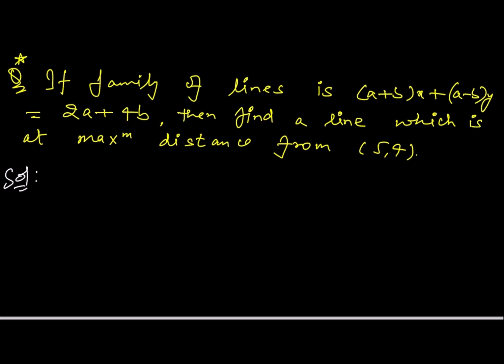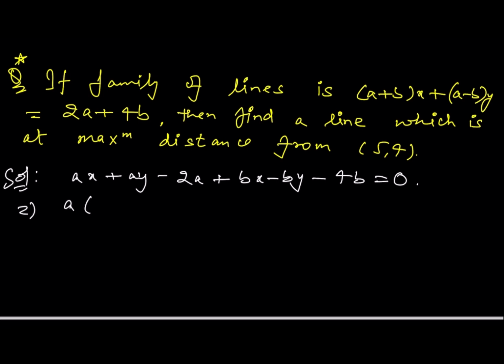Now writing this again, I can write ax plus ay minus 2a plus bx minus by minus 4b is equal to 0, or by taking a and b common, this will become a times (x plus y minus 2) plus b times (x minus y minus 4) is equal to 0.